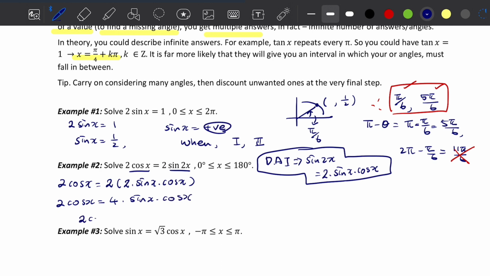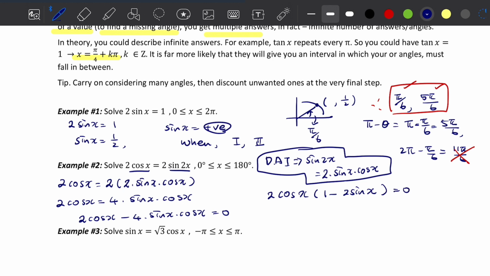When I move the right hand side to the left hand side, I can factor this as 2 cos x times (1 minus 2 sine x) equals 0.